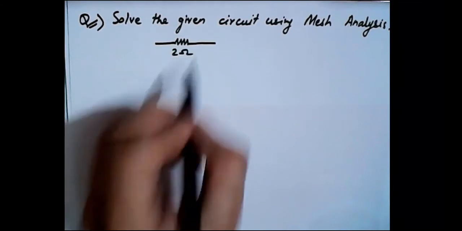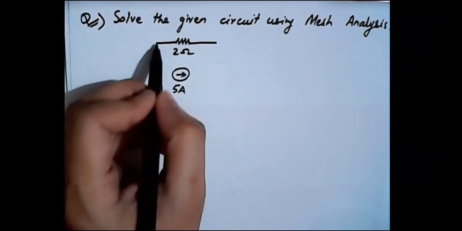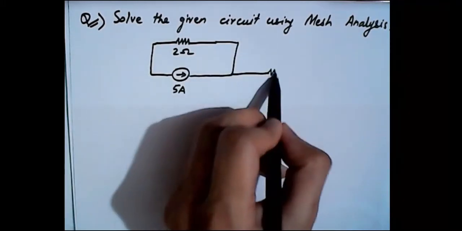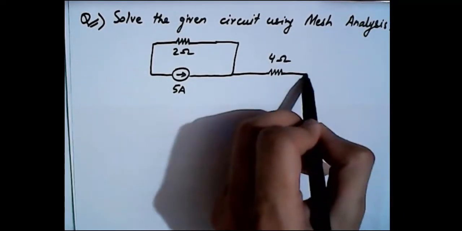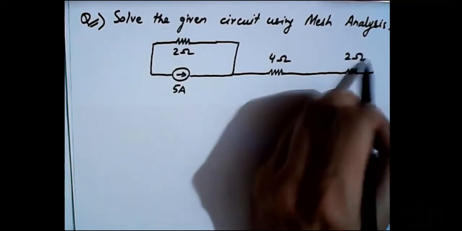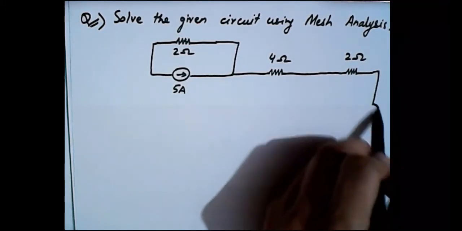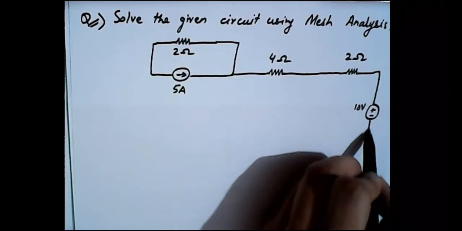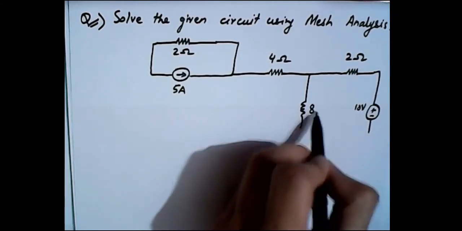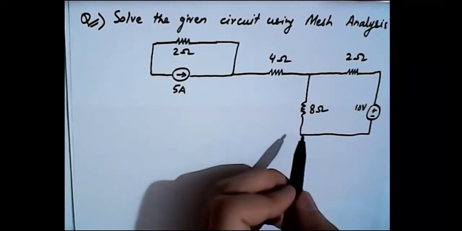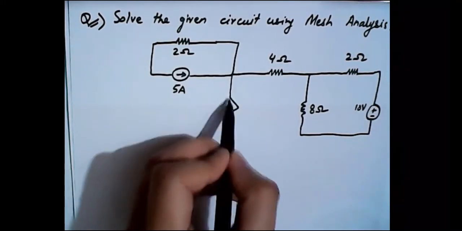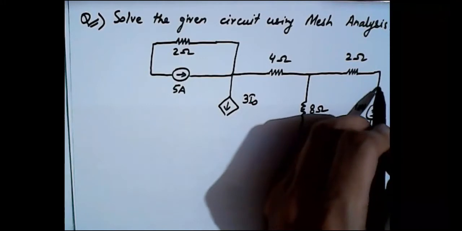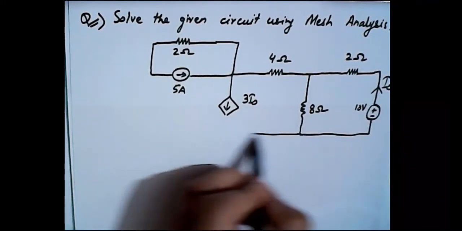2 ohms, then we have a source of magnitude 5 amperes, and finally a resistance of 4 ohms, further 2 ohms, then we have a source of 10 volts, a resistance of 8 ohms, and a dependent current source of 3 I0, where I0 is the current through this branch.